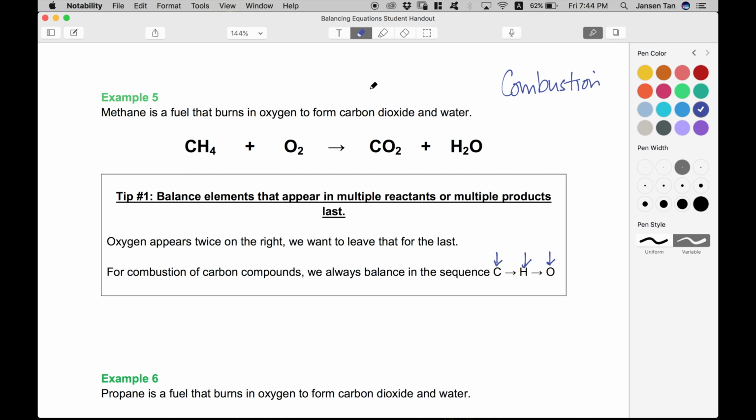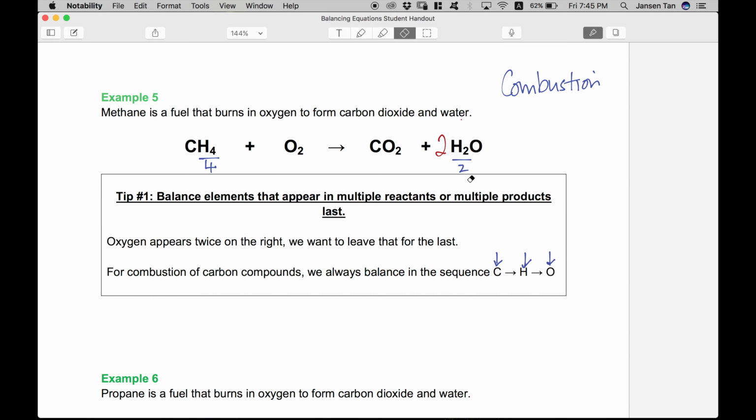So let's apply this to this equation. Look at carbon first. On the left we have 1, on the right we have 1. Done. So we go next to hydrogen. 4 on the left, okay, 2 on the right. How do I make this 4? I just times 2 in front. Okay, now we count oxygen.